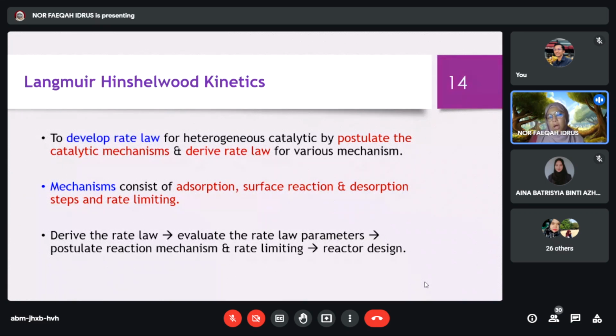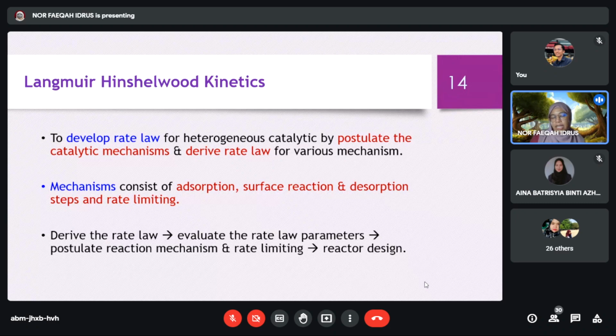Based on these three steps, you will make an assumption on the rate limiting step. Which step is the rate limiting, either the adsorption step, surface reaction step or desorption step? This rate limiting assumption will determine the overall rate law equation. After we derive the rate law equation, we evaluate the rate law parameters.